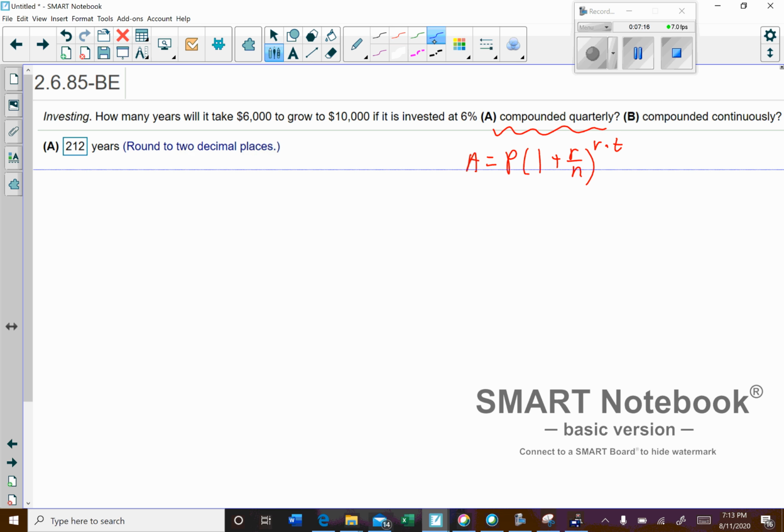So in this case, we already know what we want to invest and we know what we want it to grow to. We want our accumulated value to be 10,000 and we're going to invest 6,000, and it's going to have 1 plus the rate, which is 6%, so 0.06.